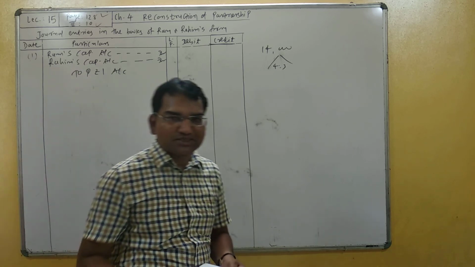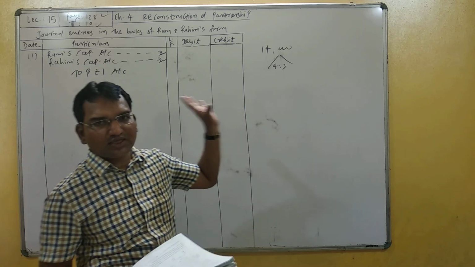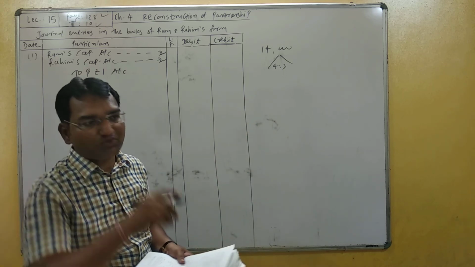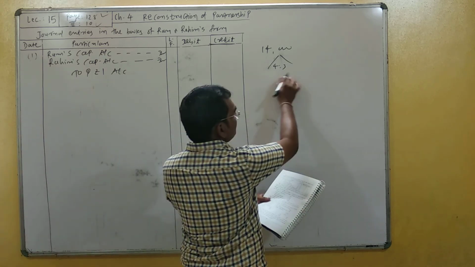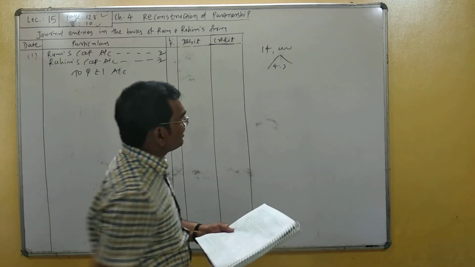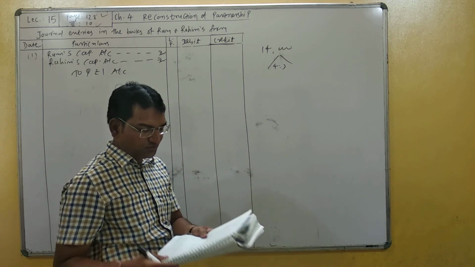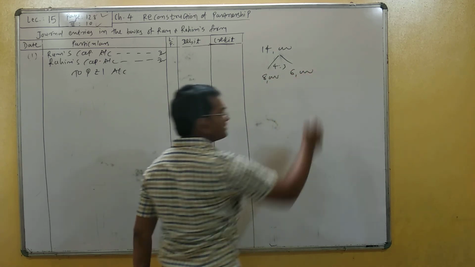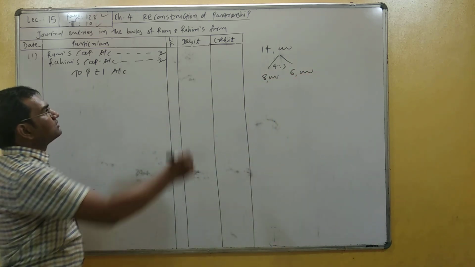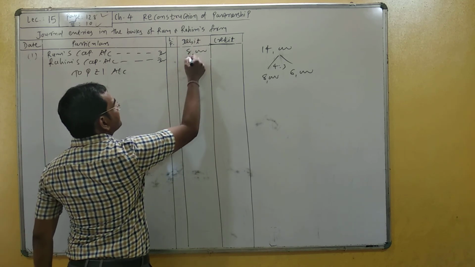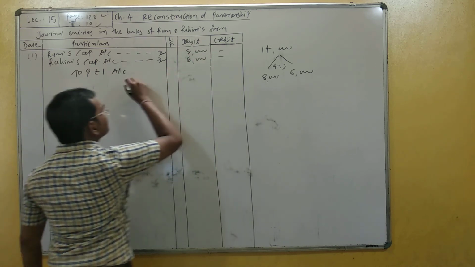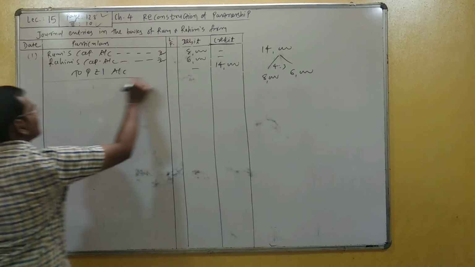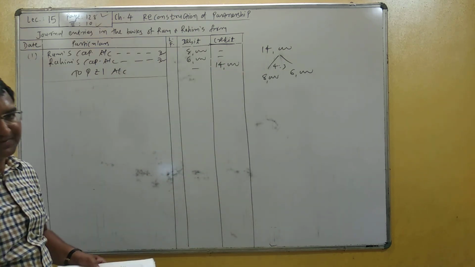As per our discussion, reserve and accumulated profit are distributed between partners in their old profit sharing ratio. This is 4:3. Now 14,000 divided between partners in the ratio of 4:3. So Ram gets 8,000 and Rahim gets 6,000. So Ram's capital account debit 8,000, Rahim's capital account debit 6,000 to profit and loss account 14,000. This is your first entry.